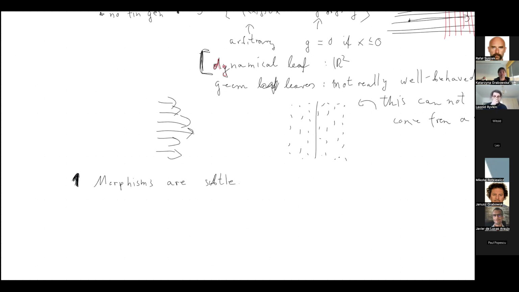There is a class of maps for which we know what morphisms are, for example, surjective submersions, or a little bit more generally transverse maps. But in full generality, there are multiple competing notions. The equivalences are not fully clear.